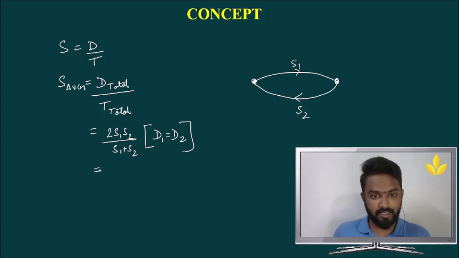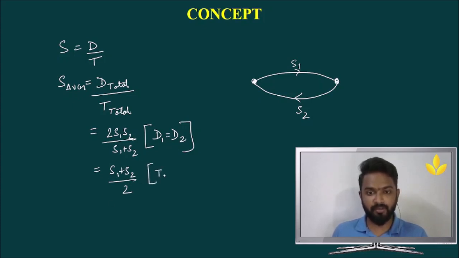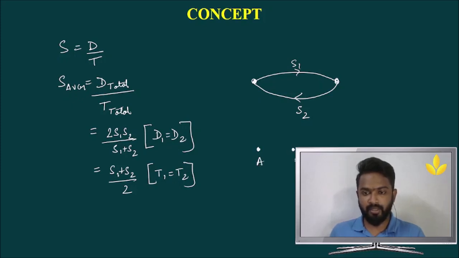There is another special formula, which is speed 1 plus speed 2 divided by 2. This formula can be used if and only if the time taken in both the cases is same. For example, this is point A, this is point B, and this is point C. If you travel from A to B with S1 speed and B to C with S2 speed, but in both the cases you take the same amount of time, the distances are different but the time taken is same.